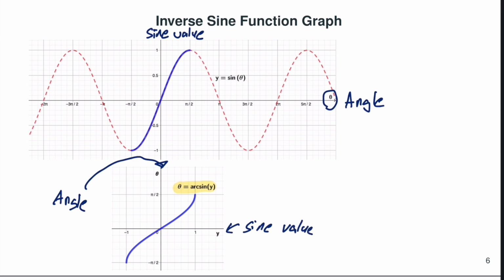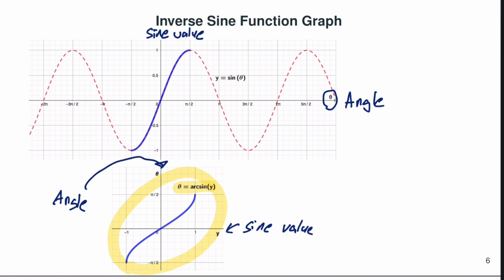This is the shape of the arcsine graph. Different from the sine graph, the arcsine graph is not infinite. It does not repeat forever. It literally begins right here and stops right here.